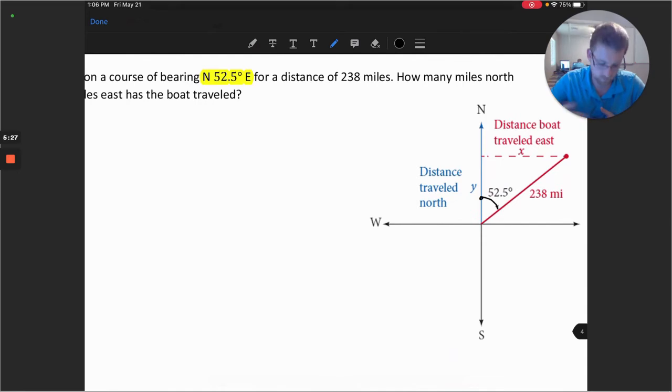And again, this vector out from the origin is 238 miles. So we're creating a right triangle here. We have a right triangle, 52.5 degrees is our angle. We know that the opposite side to this angle is x, and my hypotenuse is 238.